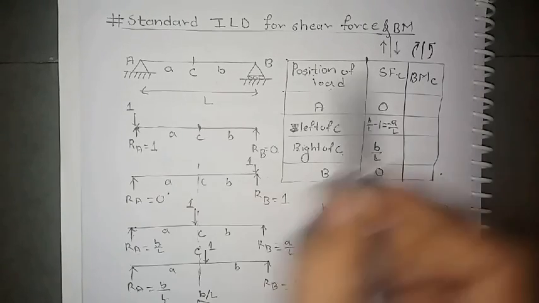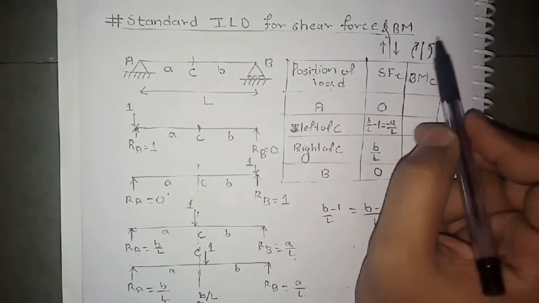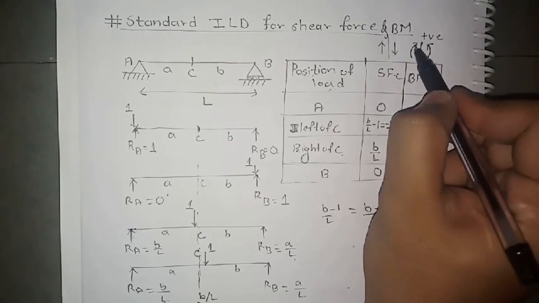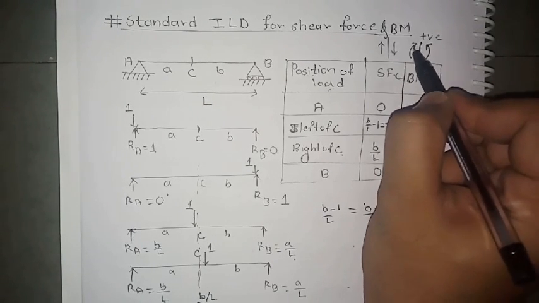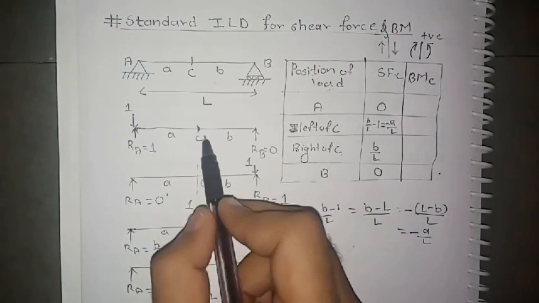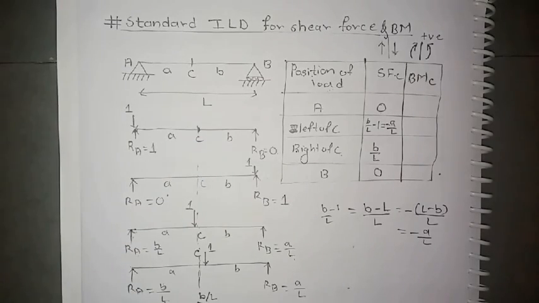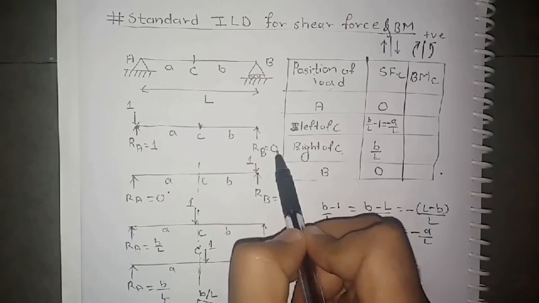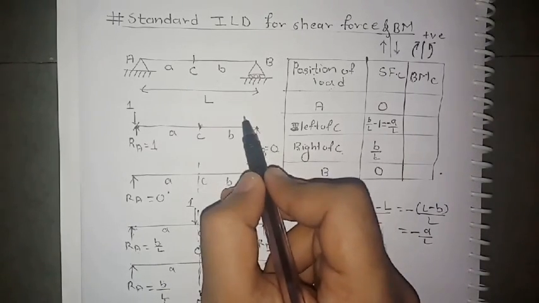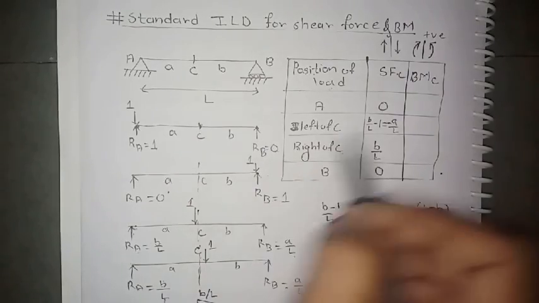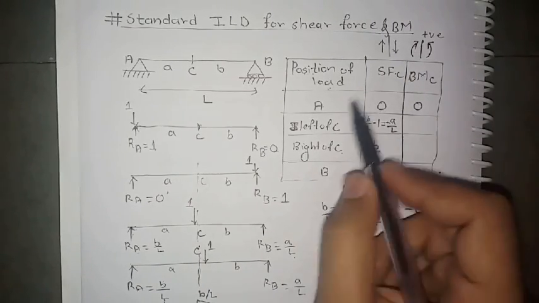First we will see the sign conventions. We consider positive bending moment when it is clockwise to the left of the section and anti-clockwise to the right of the section. Looking to the right of the section, Rb equal to 0, anti-clockwise, so Rb into 0 equals 0.